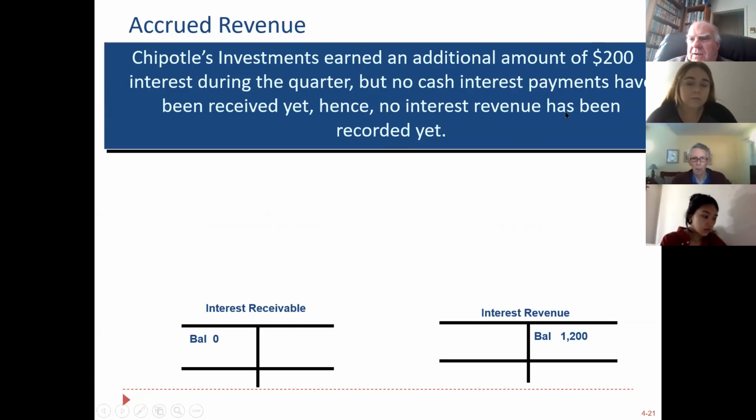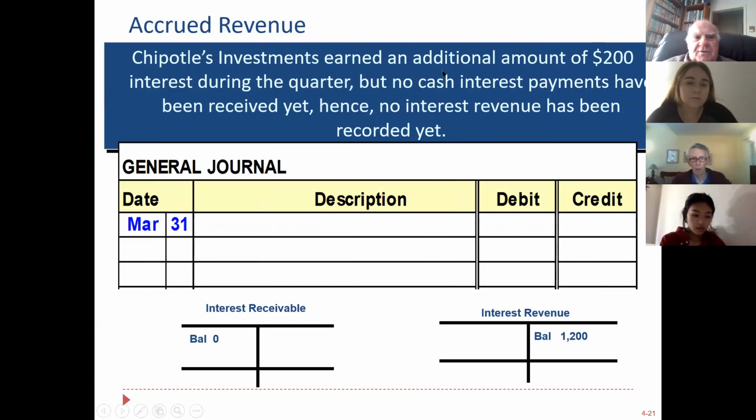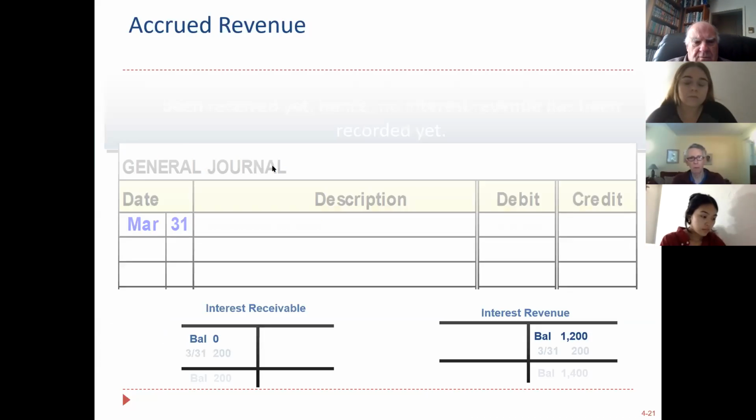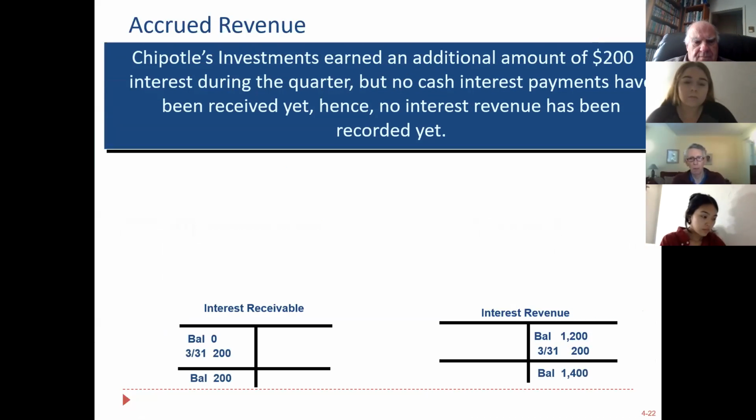Chipotle's investments earned an additional amount of $200 during the quarter, but they're not going to get paid for another 12 months probably. So that's money they've earned. They're going to probably record that as a receivable and record the revenue. $200 of interest during the quarter.